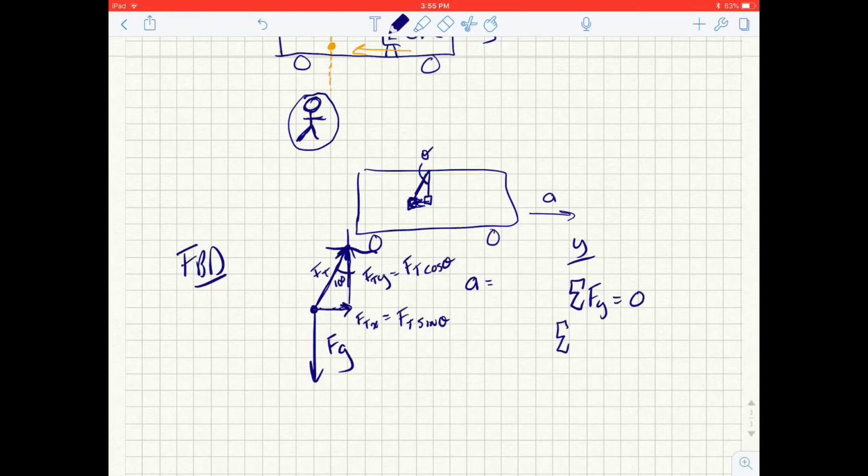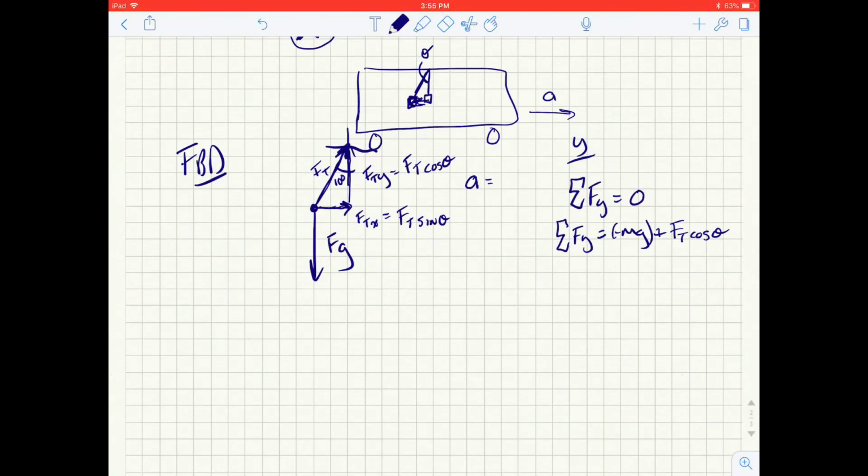Let's list all the y forces then. We have mg, which is pointed down, so we can call that negative. And then we also have the y component of the tension force. And that's all set to 0.